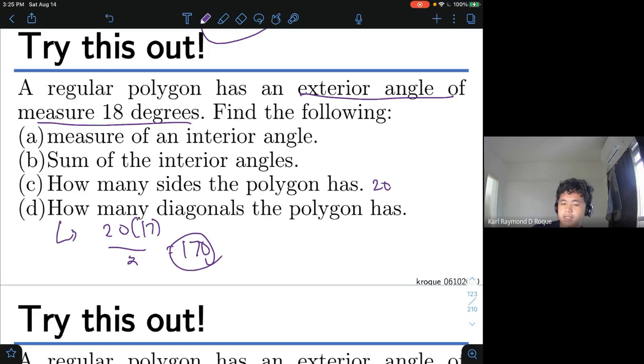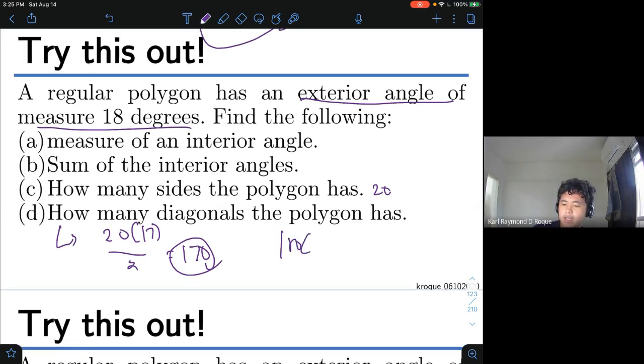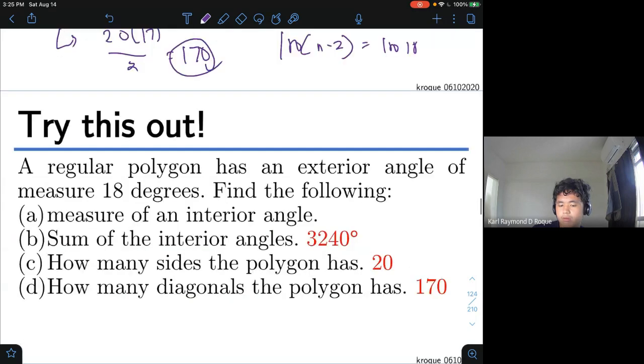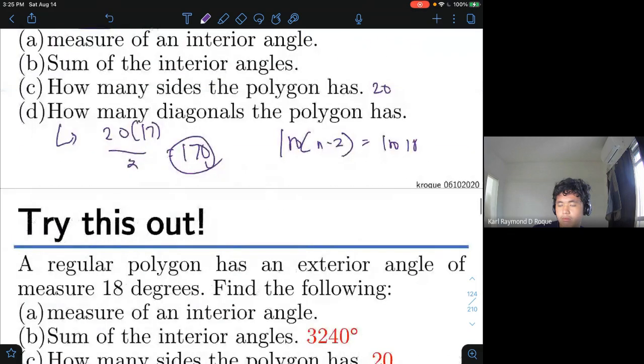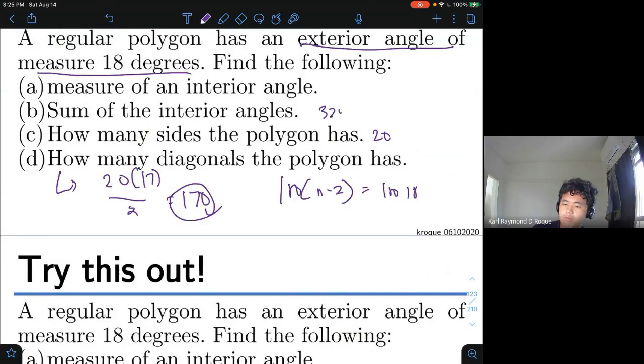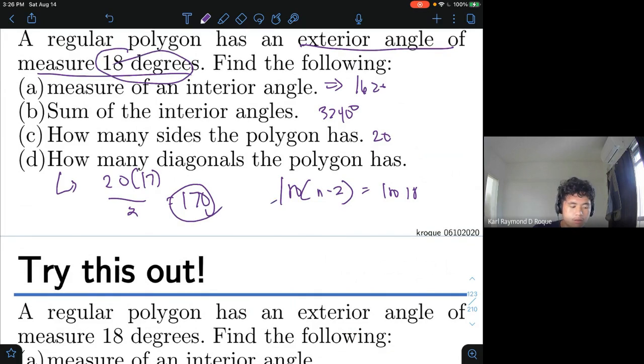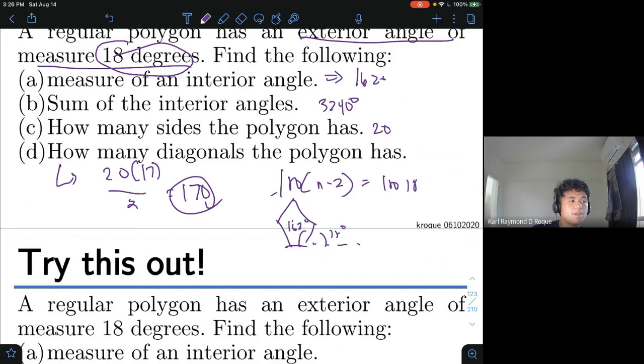Sum of the interior angles, 180 times n minus 2. 180 times 18 is 3240. Divide by 20. Measure of interior angle is 162 degrees. Actually, makukuha natin agad yon. Ito 18 degrees, 162 degrees. Kasi linear pair yung bawat interior and exterior angle sa polygon.